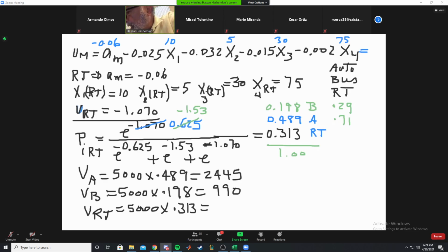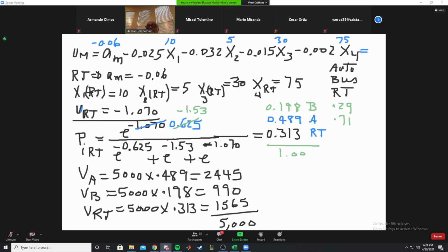And that gives you an answer of 1565. So if you add all of these, it will be 5,000. So we had the split between the different modes of transportation, and these are the volumes. Okay, any question?